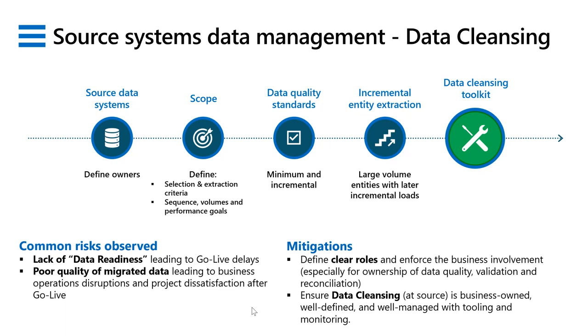The other common risk that we see is poor quality of migrated data causing issues in go live. So you've gone live and now the business is picking out the implications of bad data in the production system. And of course, it doesn't all come from bad data in the source system, right?